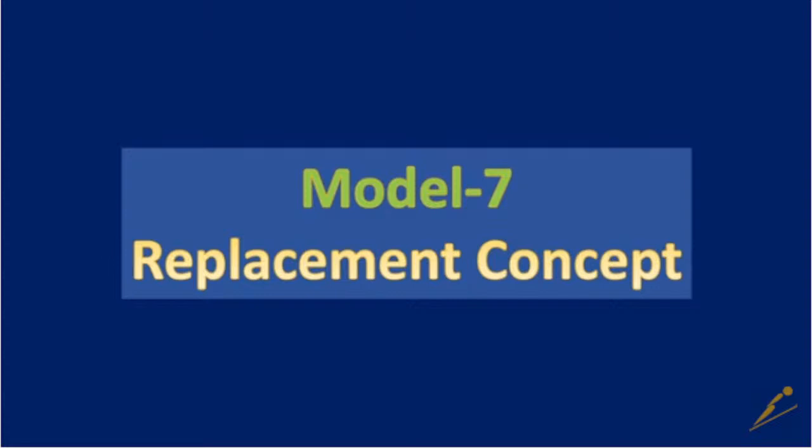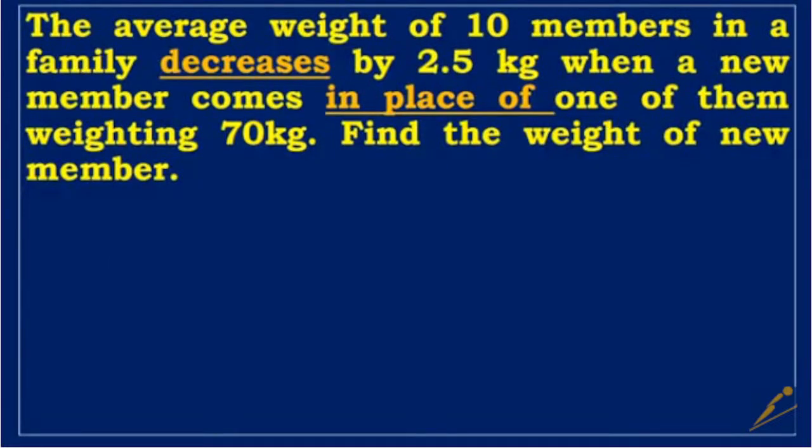So, the total number of runs he scored in those 13 innings is 13 into 50 equals 650. The difference, 825 minus 650, becomes 175, which is the sum of the best and the worst score of 2 innings. So, B plus W equals 175.